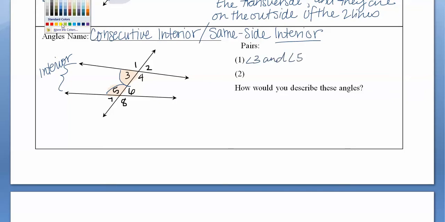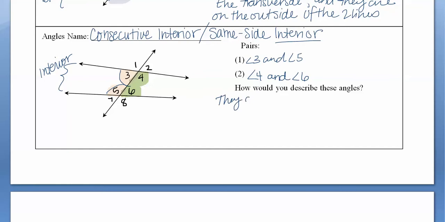Okay, different color. Next pair would be 4 and 6. Now there is such a thing as consecutive exterior or same side exterior, but your book doesn't go into it. In fact, your book doesn't even go into the alternate exterior, but it totally exists. Okay, so how would you describe them?